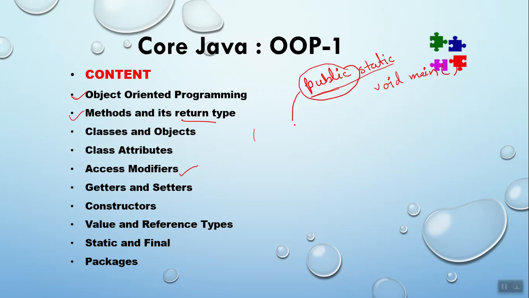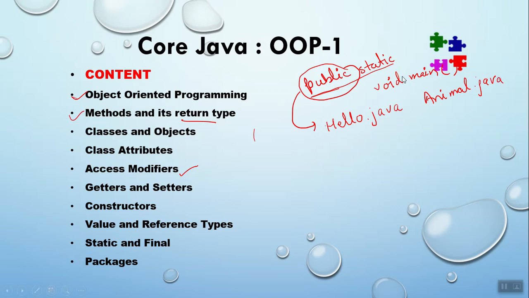If any class is public, you can access that class anywhere, in another class. Let's say you have declared a class like hello class, in hello.java, and then your next class is animal.java.